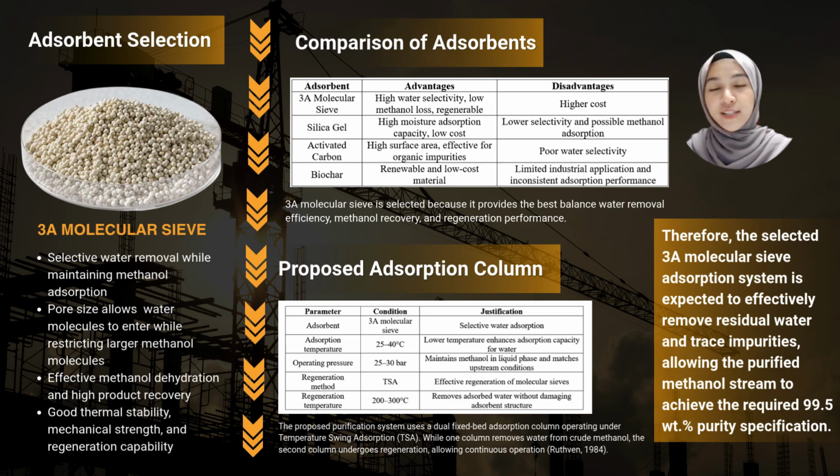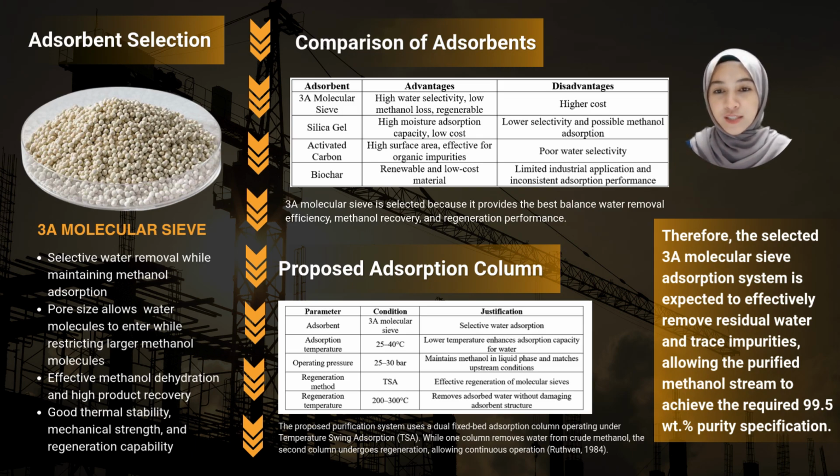The proposed purification system uses a dual fixed bed adsorption column operating under temperature swing adsorption, or TSA. During operation, one column removes water from the methanol stream while the second column is regenerated using heat. Once regeneration is complete, the two columns switch roles.